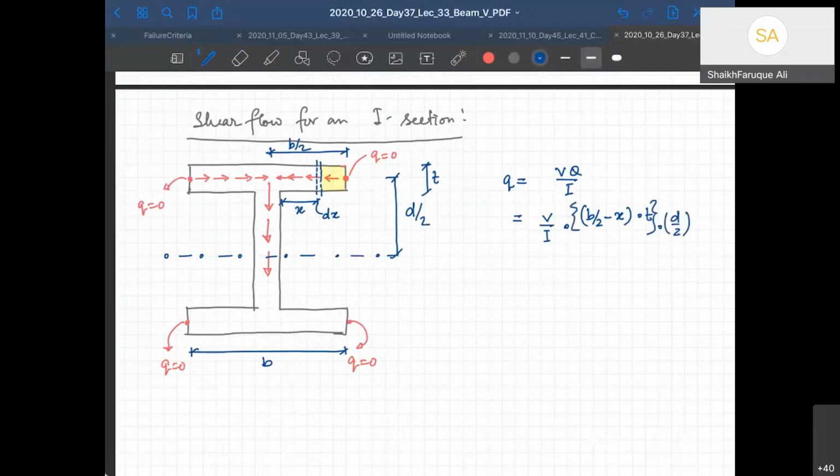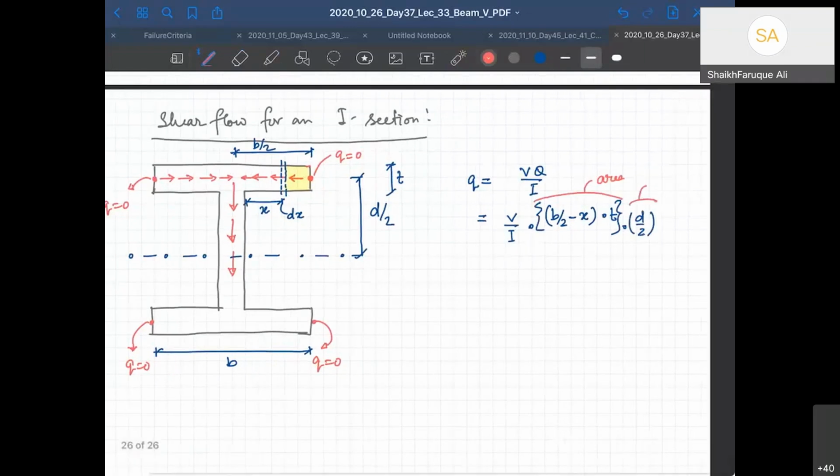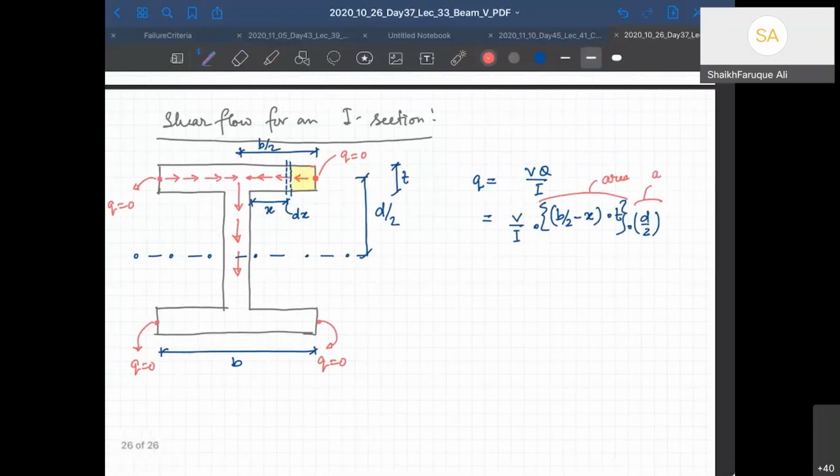So this is the area and this is the moment arm, from the neutral axis, right? So it comes out to be finally VTD by 2I into (B by 2 minus X).